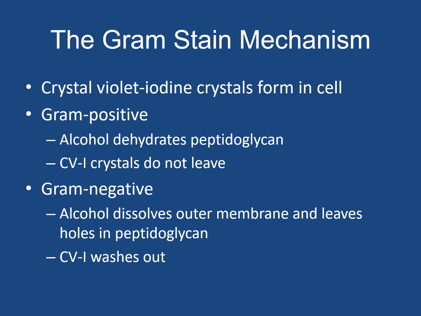The gram-negative has a much thinner layer of peptidoglycan, but remember it also has that lipopolysaccharide membrane on the outside of the peptidoglycan. Alcohol will dissolve that membrane. The lipopolysaccharide membrane gets dissolved. It kind of ends up leaving holes in the peptidoglycan because the peptidoglycan is really only about 1 layer thick. And so there's nothing then to hold the crystal violet iodine crystal in, and it all washes out. That's why it loses the purple color.